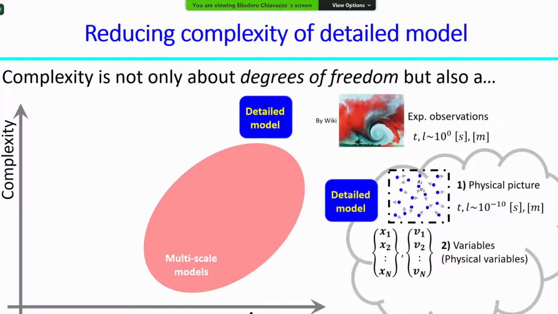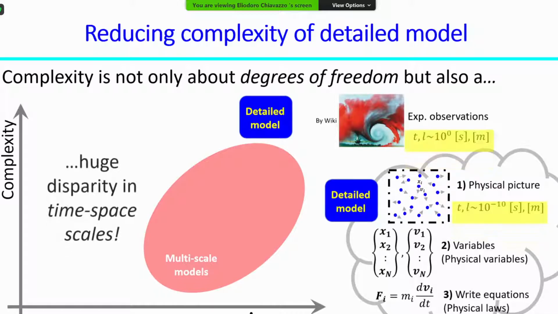Here it's very natural to identify the variables in terms of which the model has to be described: the positions and velocities. You write down your Newton equations, pretty much like the molecular dynamics that Ali was mentioning before. You construct your detailed model and you are fine.